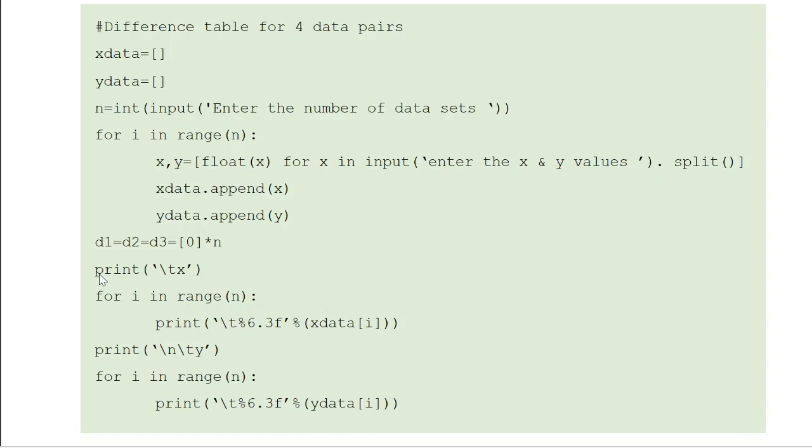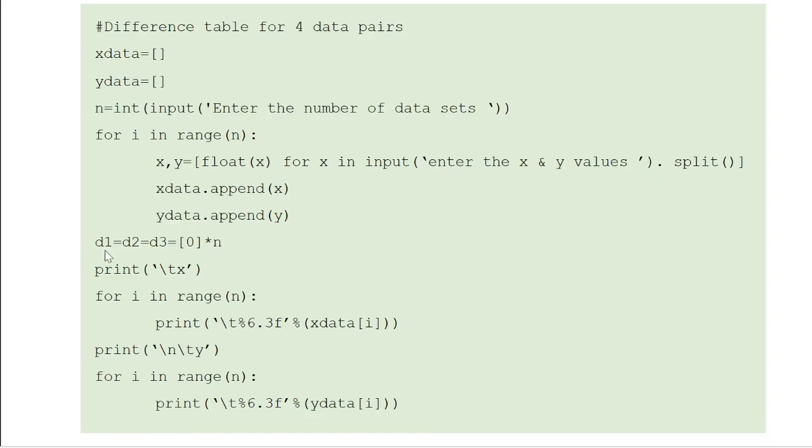So the first difference terms, let me call it as list D1. Second difference term, call it as D2. Third difference term, this is list D3. So I am going to initialize these with a list of zeros. So D1, D2, D3, this is equal to 0 into n.